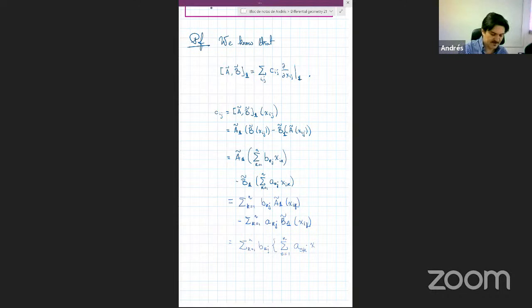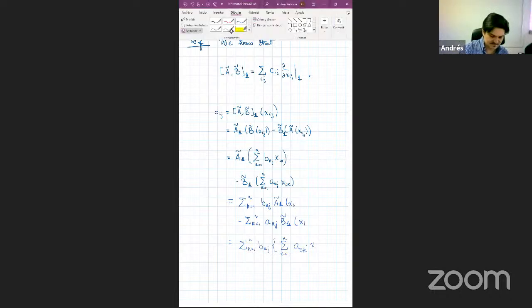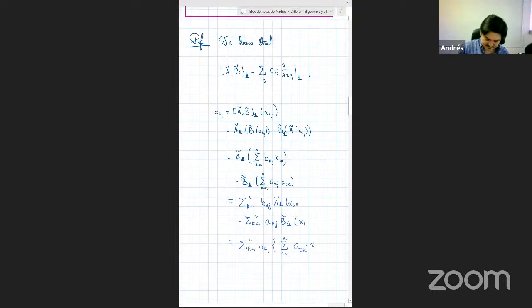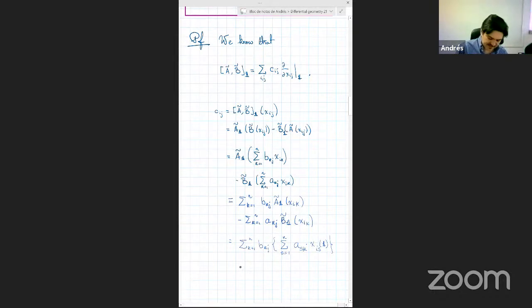Let me put it clearly there. Remember that I made a mistake here. It has to be K and K. Right, so it is, and then what else? IS evaluated at the identity. Is that right? Check it out.